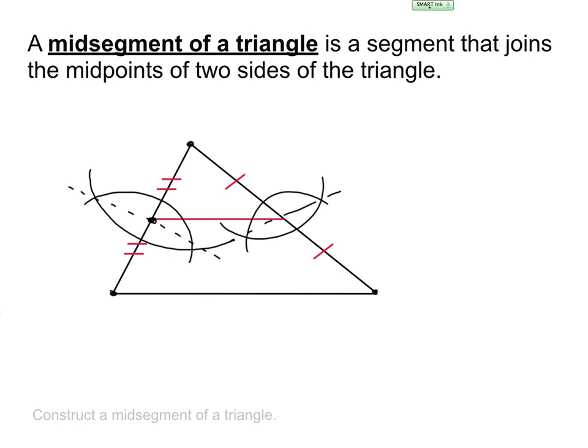Construct midpoints, we've done that a number of chapters. You just have to concentrate on what side you are doing the midpoint of. So on the left side, I'm opening my compass more than halfway, where I think the midpoint would be. From each end, draw the same arc, those two arcs to cross.